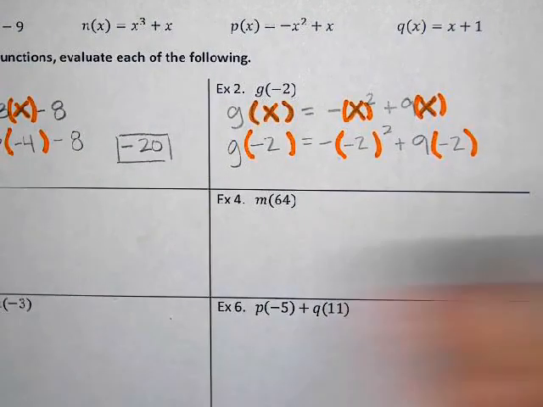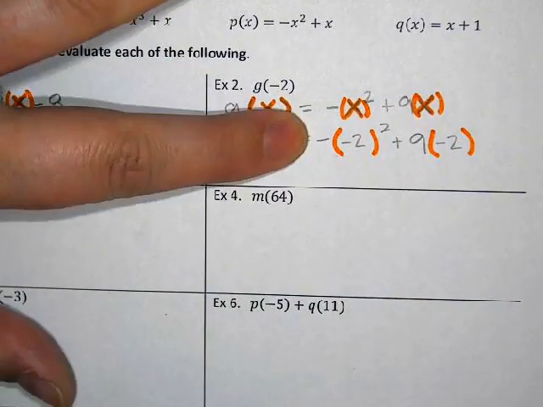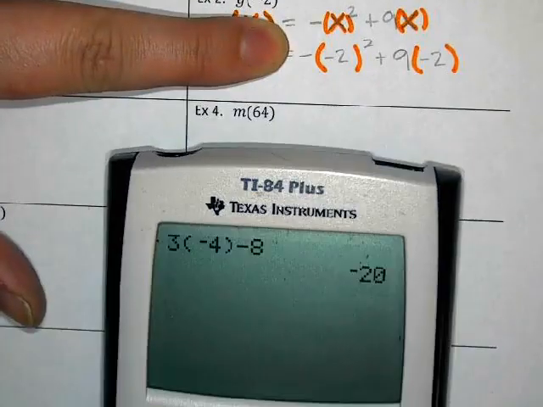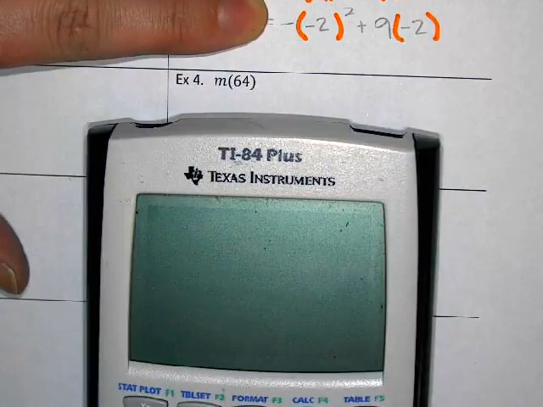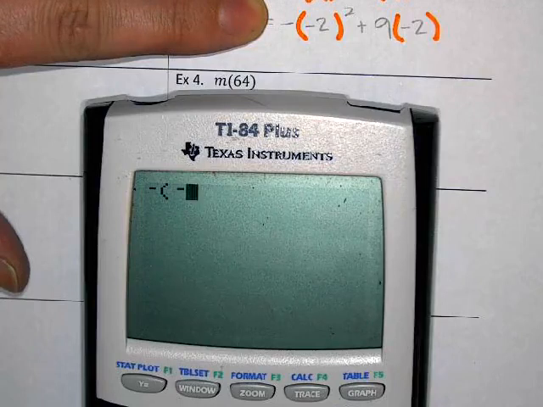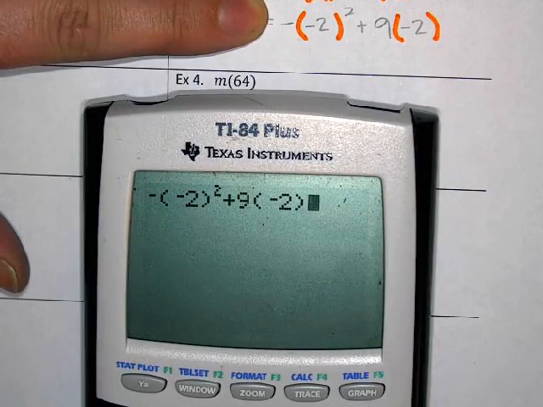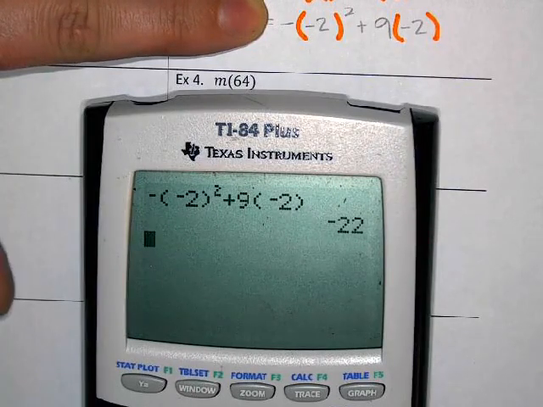Now, this g of negative 2 over here, this is just notation. I don't really need it anymore. And so now I'm going to type everything in exactly the way that it's written. So I have negative of negative 2 squared plus 9 times negative 2. Just exactly the way that it's written. And I get negative 22.